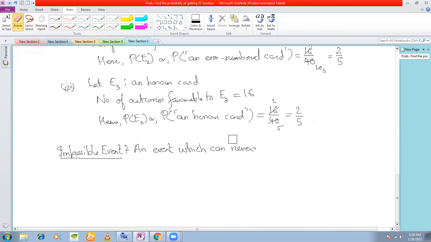An event which can never occur, that is, an event whose probability is 0, is called an impossible event.